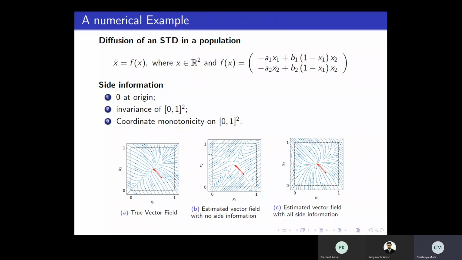I'm guaranteed to be able to find that. Even if I'm not exactly there, as long as I'm close enough, this is good. Figure C looks quite a bit like figure A, and that's really what I'm looking for.